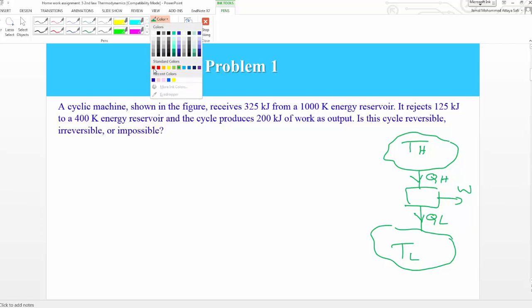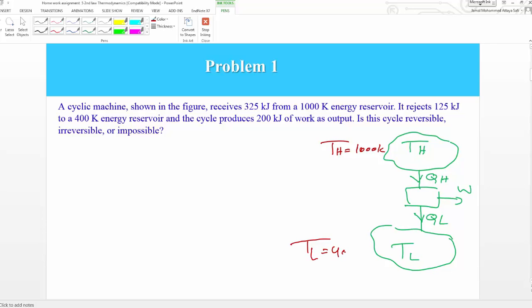for example, it tells me that TH is 1000 Kelvin, and that TL is 400 Kelvin, and it also tells me that QH is 325 kilojoule, and that QL is 125 kilojoule.